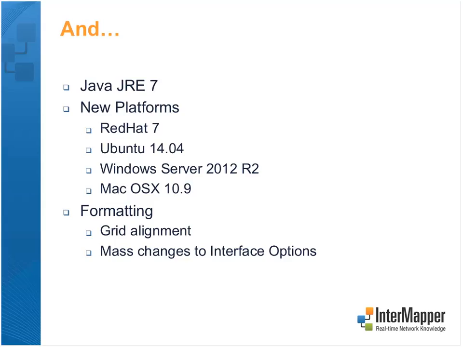But getting to JRE 7 also gets us a stepping stone along the way to the next update of the GUI. I probably shouldn't talk about that until we get to the roadmap seminar, which is coming up next month, right? Yep. But yes, we are planning an upgrade to the GUI, and this is the first step along that path.